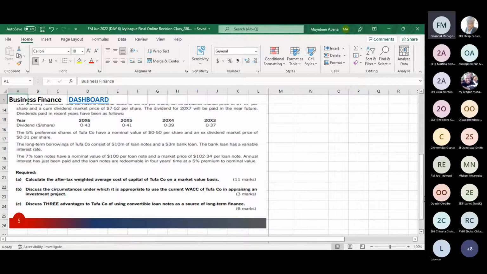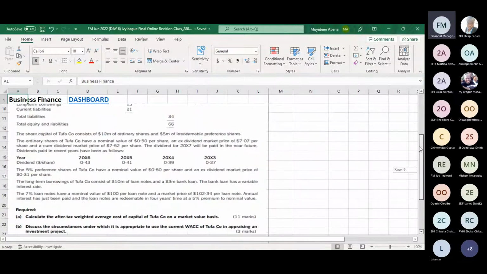Then B says, discuss the circumstances under which it is appropriate to use the current WACC of Tufacco in appraising an investment project. And the last part says discuss 3 advantages to Tufacco of using convertible loan notes as a source of long-term finance. So on this page, we'll be dealing with the A part.